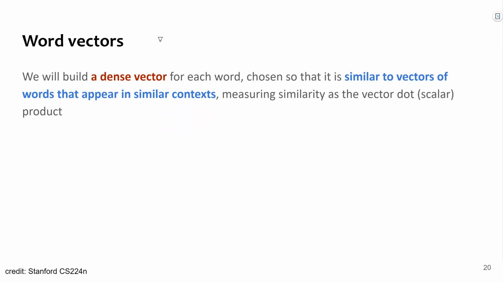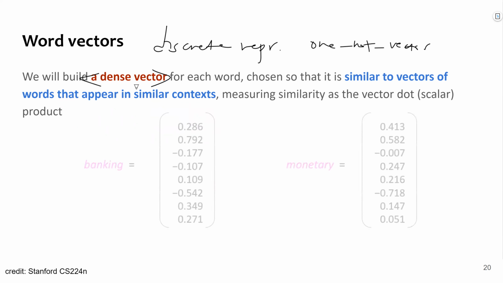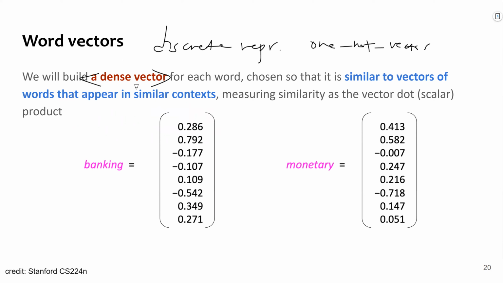In contrast to discrete representation, such as one-hot vector, what we are going to do is build a dense vector for each word. And how can you do that? Banking and monetary have similar meanings, and when we do a dot product between these two vectors, that might result in a high value. That is what we are going to do.